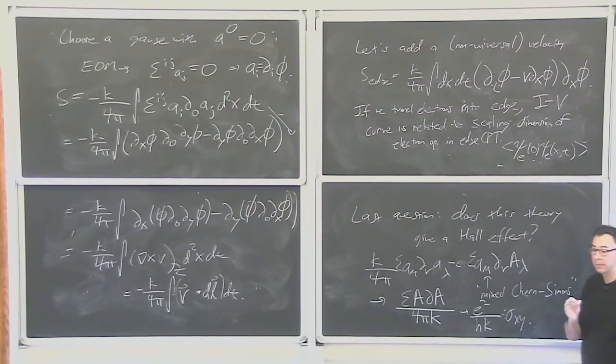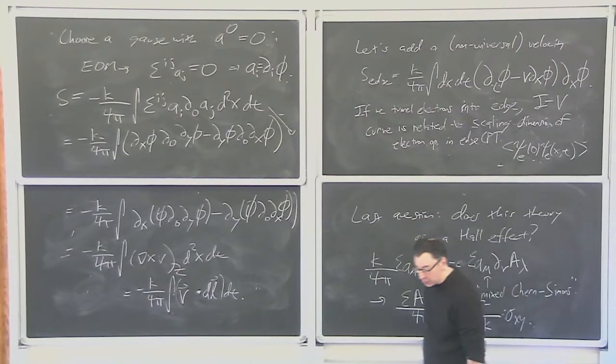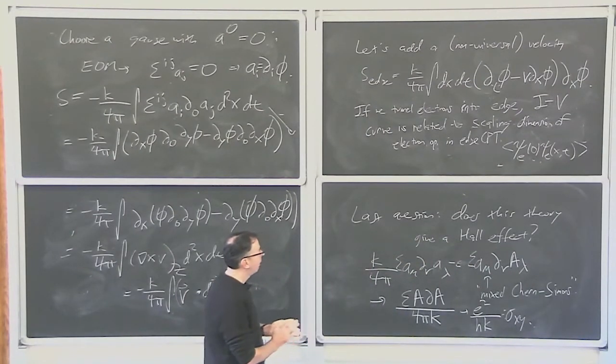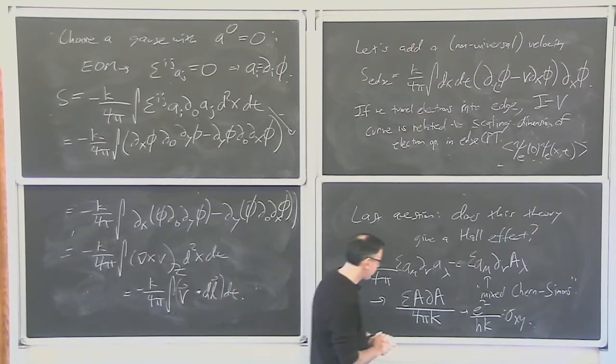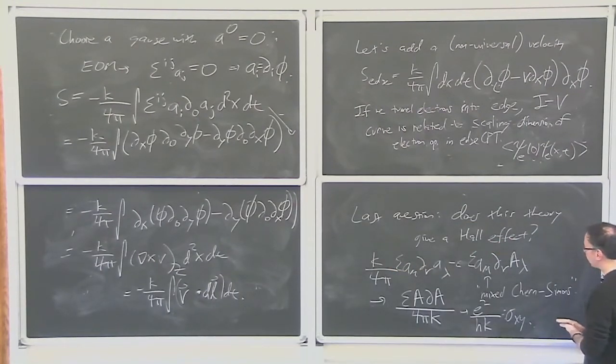So question, yeah. Why do we couple capital A in this way, but not like a long derivative, for example? Well, so the other option would be to have the derivative act there. And if I do that, I can integrate by parts and make it look like this. So maybe the way to think about this, I think by power counting, the coupling should be of this form.